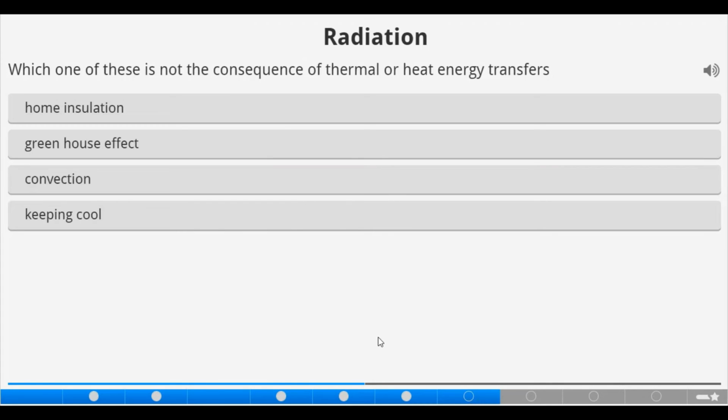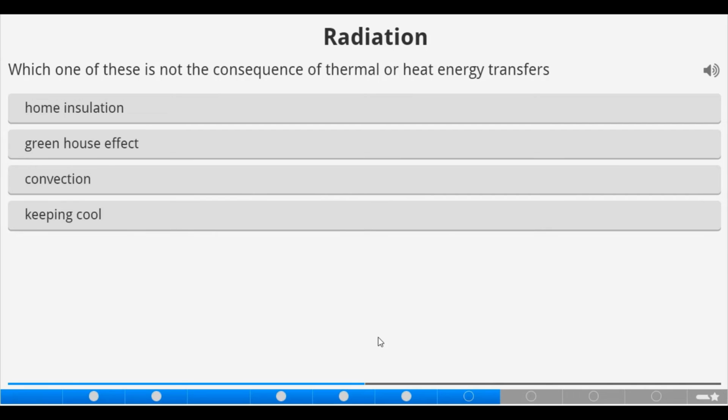So, still dealing with radiation. Which one of these is not a consequence of thermal or heat energy transfer? We have home insulation, greenhouse effect, convection, and keeping cool. So the correct answer is what? Greenhouse effect. Because thermal or heat energy transfer happens in our homes.